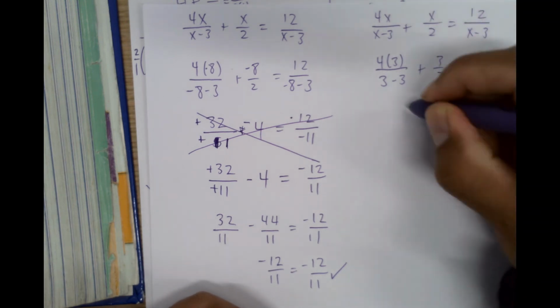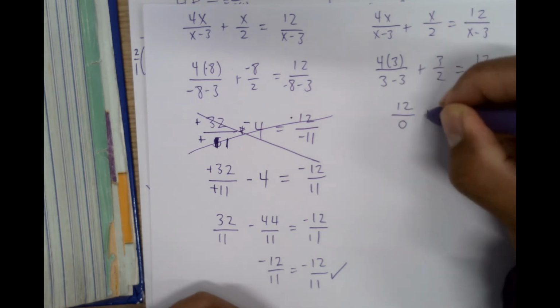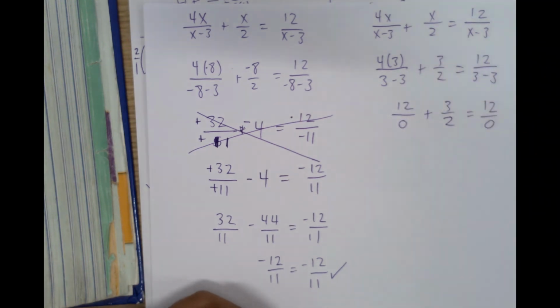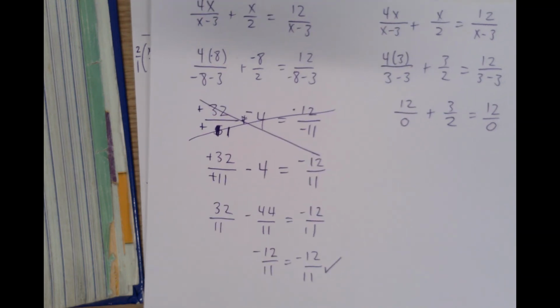And I get 12 over 0 plus 3 over 2 equals 12 over 0. And now you can see that one of the solutions does not work, right? We get 12 over 0, which is an undefined answer, right? Undefined. And so what we discover here is that 3 is what we call an extraneous solution.